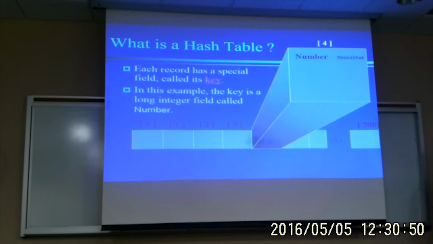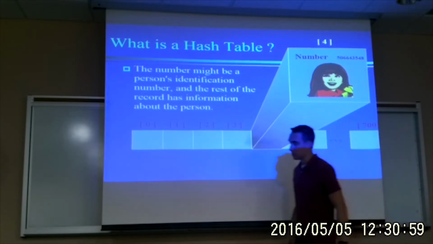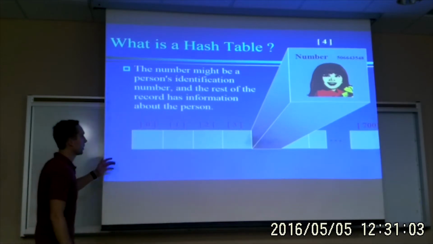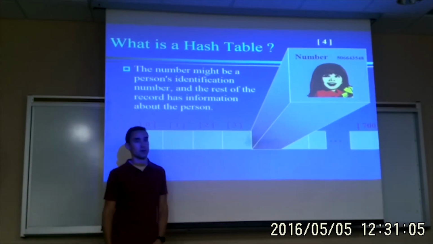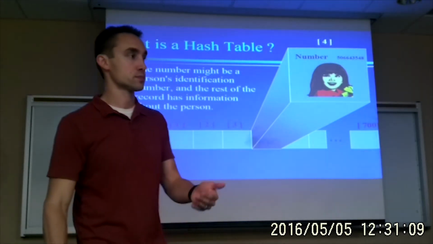Long story short, every object that you want to put into the hash table has to have a unique value that we'll call the key. All right, so if we've got an example here, we've got a hash table. We have an array, 701 elements, and we're going to put people in there.